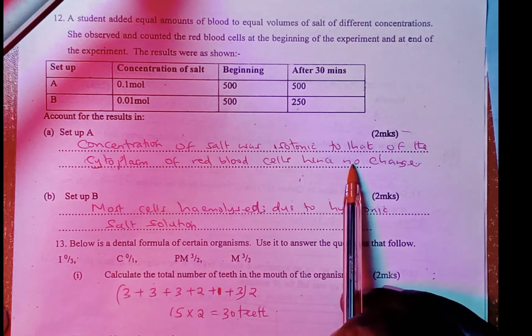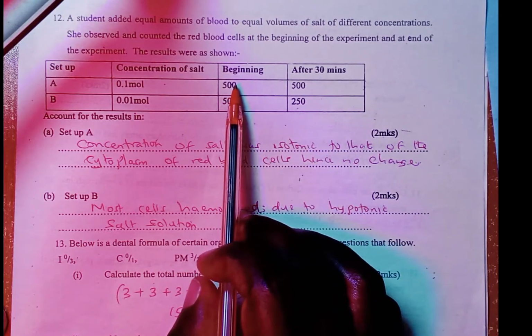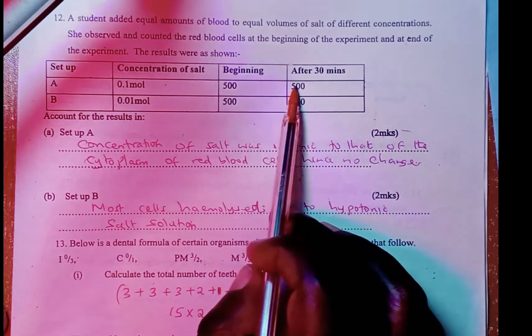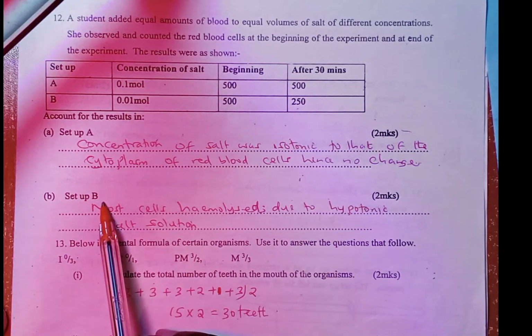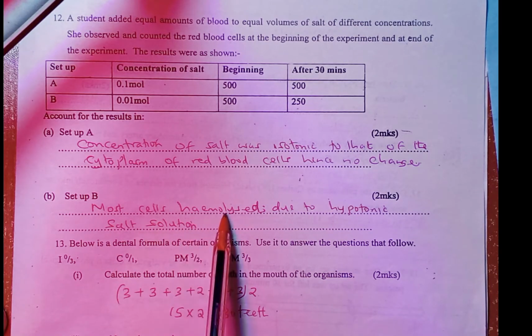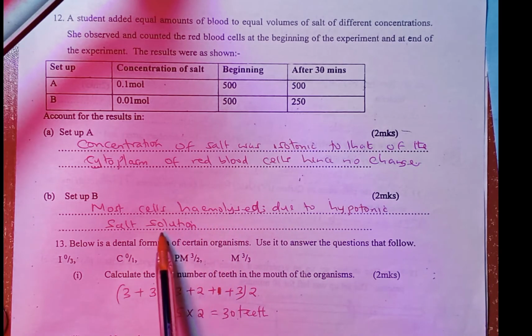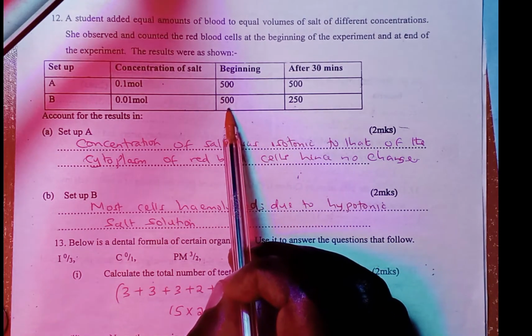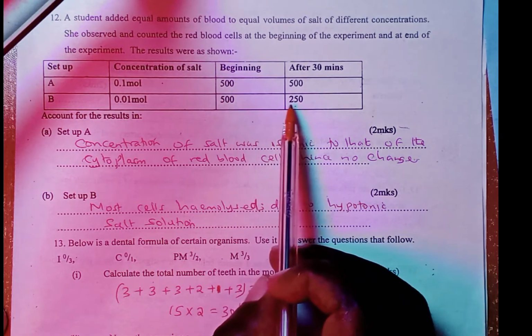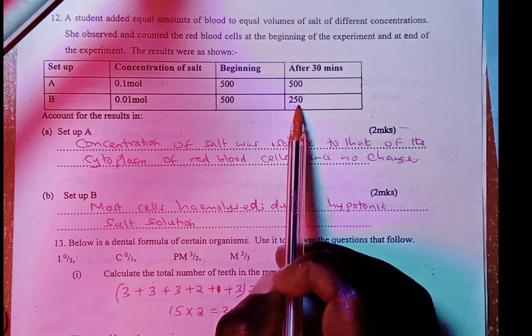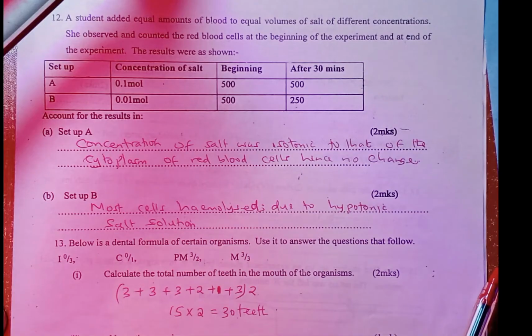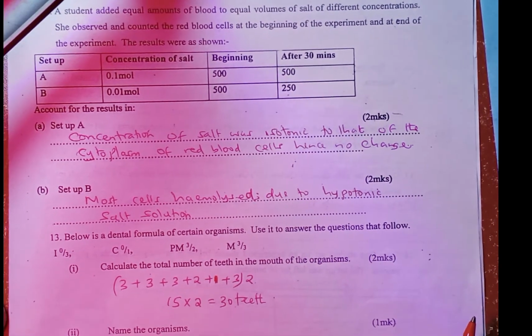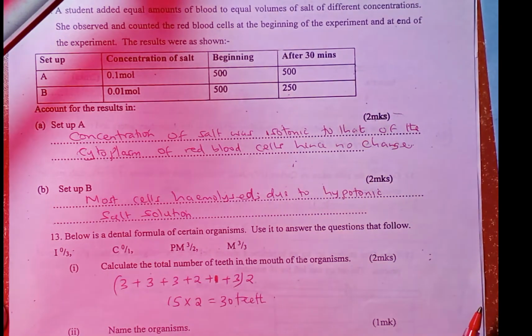Why? Because the concentration is the same, it is isotonic. Setup B, most of the cells hemolyzed due to hypotonic salt solution. That is why we have 500, and after 30 minutes we have 250, meaning the cells absorbed the salt solution and then of course they bursted.